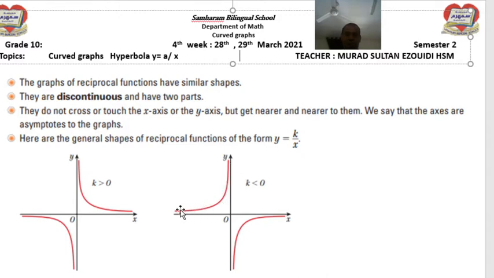You can see the curve gets nearer and nearer to the y-axis and the x-axis in the second quadrant, and in the fourth quadrant also, but never touches them. That's why the x-axis and the y-axis are called asymptotes to the graph. Here y equals x is the first line of symmetry, and y equals minus x is the second line of symmetry.